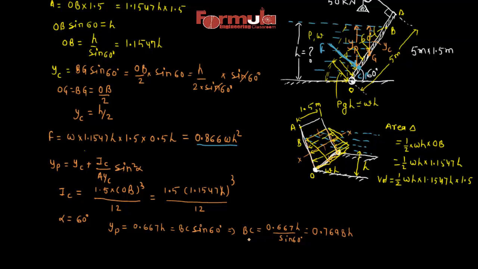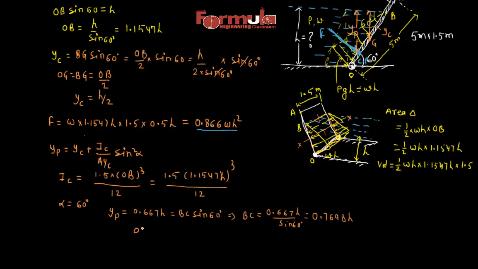This is BC here. Why am I calculating BC? Because I want to calculate the moment generated by this force about this hinge. So I need the distance from the center of action of this force to the hinge point, that is, I need the OC distance. I know OB is 1.1547 h, and I know BC is 0.7698 h, so we can easily calculate OC.